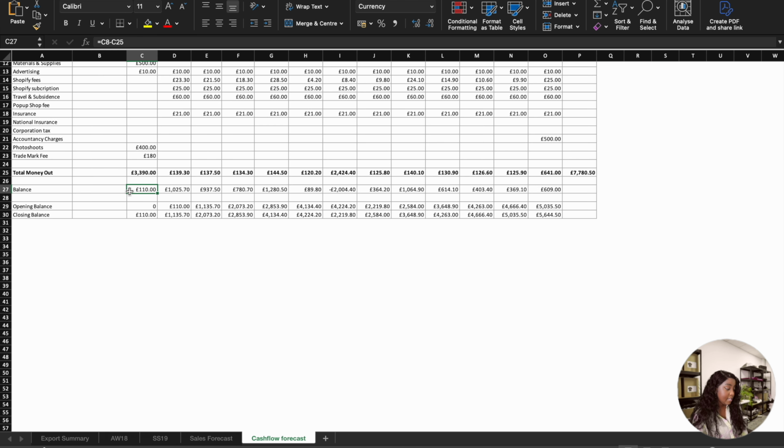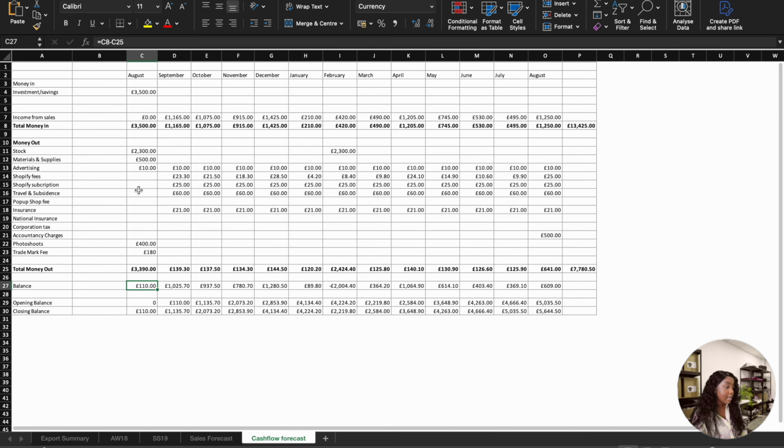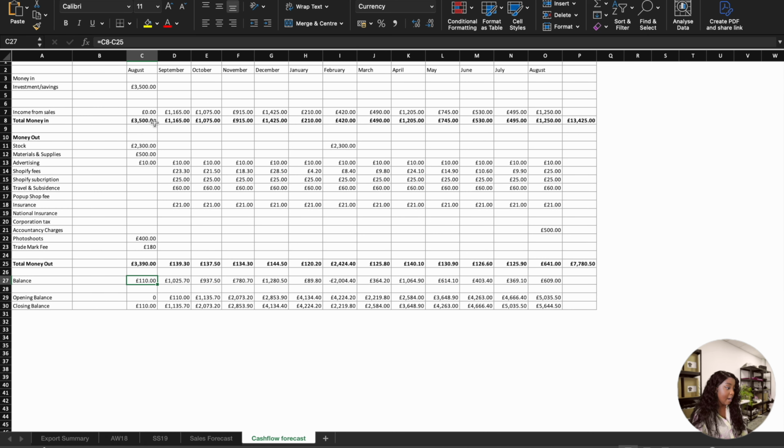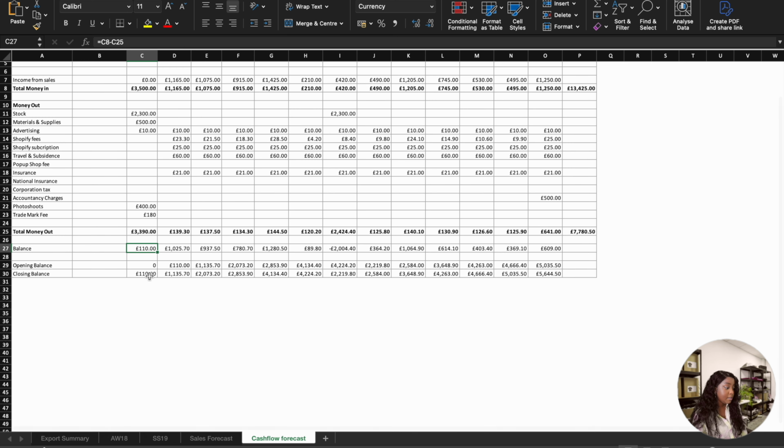Your balance is basically how much money is essentially in your account in that month. So my balance for August is 110 because I have put in 3,500 and I've taken out 3,390. So my closing balance is going to be 110, which is good because we're in the green, we're positive.